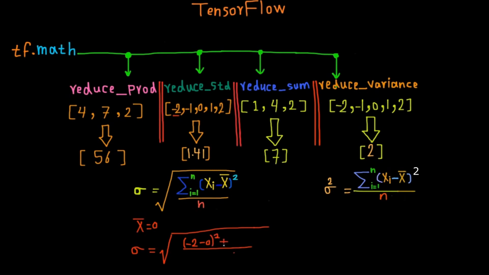Plus x2 minus the mean. So x2 here equal to -1 minus 0, and the results, we will take the square of the result.